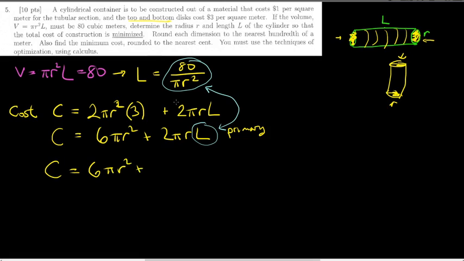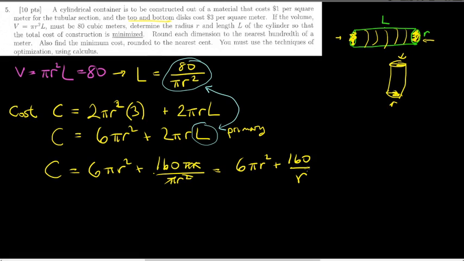So you're going to get, let's see, 2 times 80 is 160 times pi r, but it's going to be divided by pi r squared. So the pi's cancel, and then one of the r's cancel. So I think you just get 6 pi r squared plus 160 divided by r.